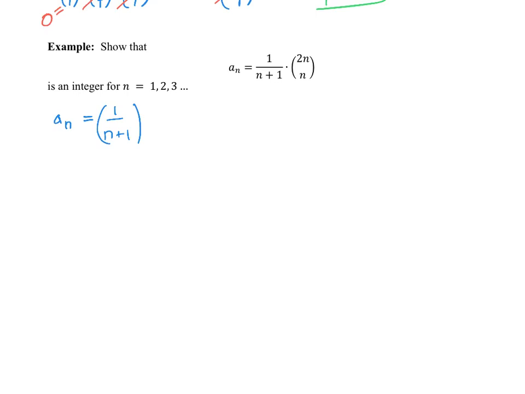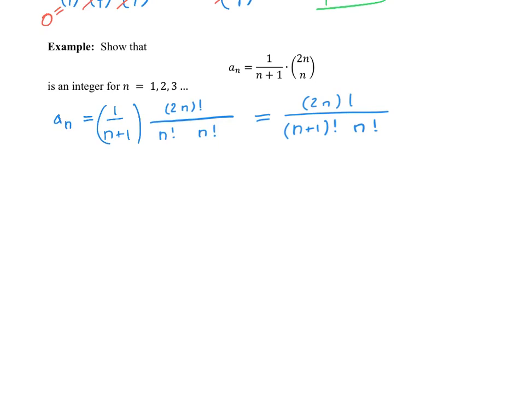The number on the top, factorial, which is 2n factorial, and then the number on the bottom, n, so n factorial, and then the difference of the two numbers, 2n minus n, is just n, so n factorial as well. So what we end up with is 2n factorial on the top, and then on the bottom, n plus 1 factorial multiplied by n factorial.